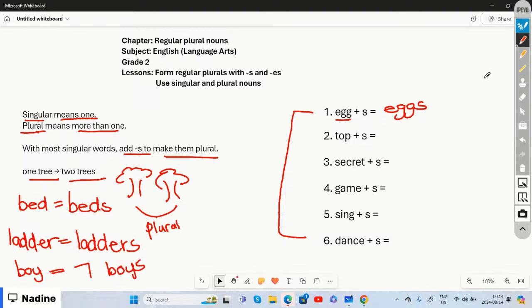Well done. Top, we have one top. If we want to make mention that there is more than one top, how are we going to write that?